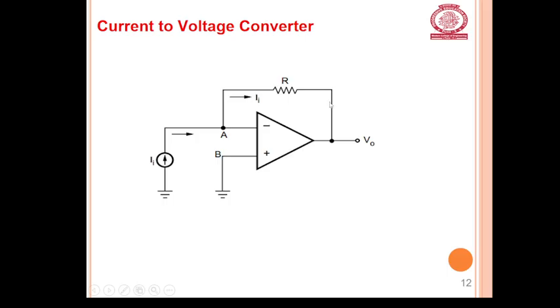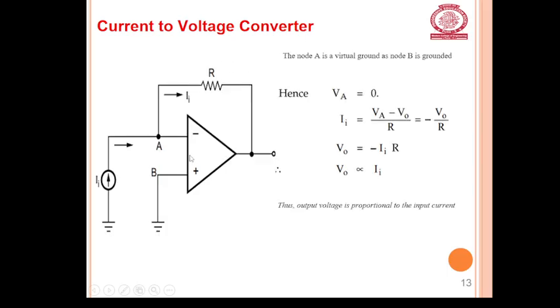So this is the circuit diagram of the current to voltage converter. It is a typical application of an inverting amplifier. In this, node A is at virtual ground because B is grounded. VA equal to VB, that is equal to 0.